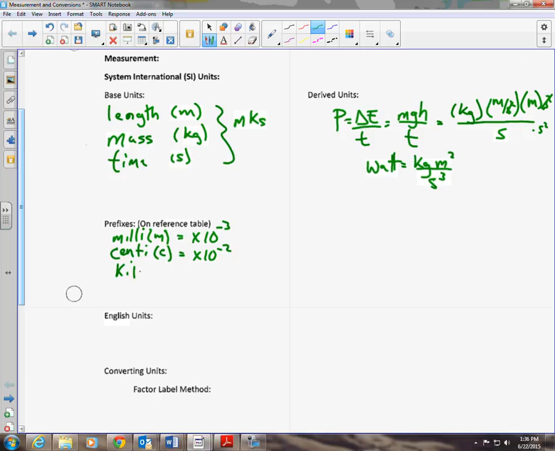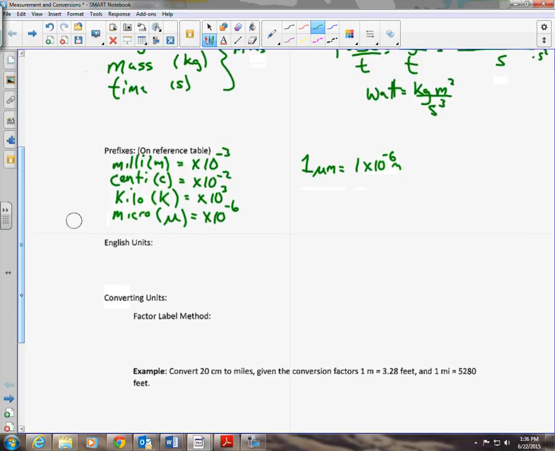Kilo, capital K, is 10 to the third. Micro, the Greek letter mu, is 10 to the minus sixth. So I end up making conversion factors like this: 1 micrometer is equal to 1 times 10 to the minus 6 meters.